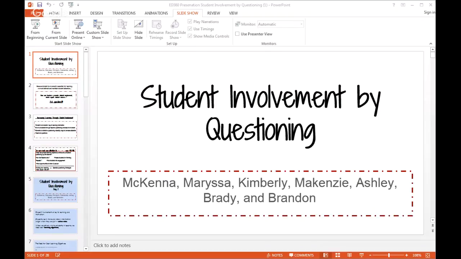The second portion is equitable distribution. And equitable distribution refers to how you distribute your questions. You're not always going to call on the same student, or you're not always going to call on the more advanced students. Instead, what this is referring to is asking questions to the entire classroom.